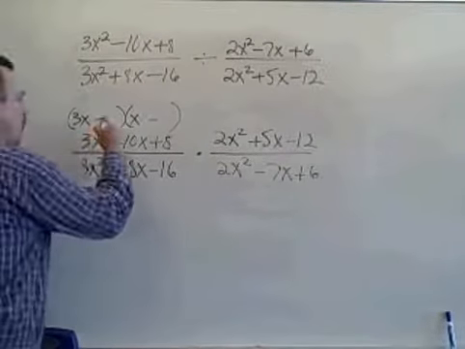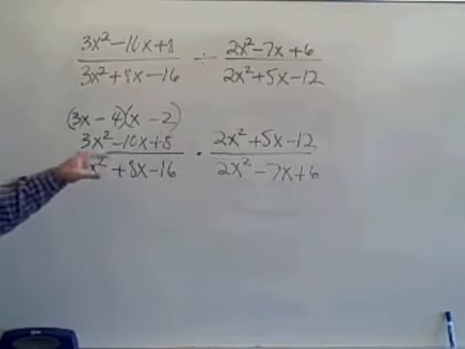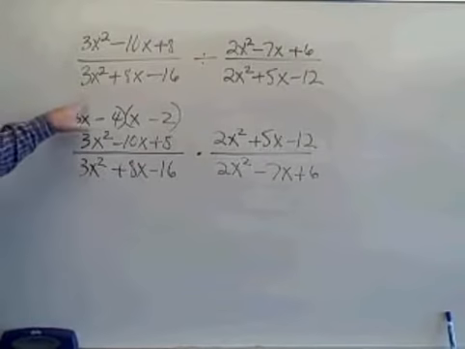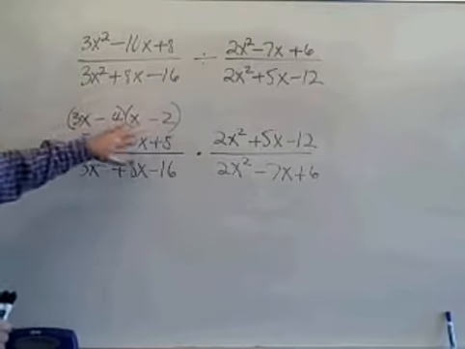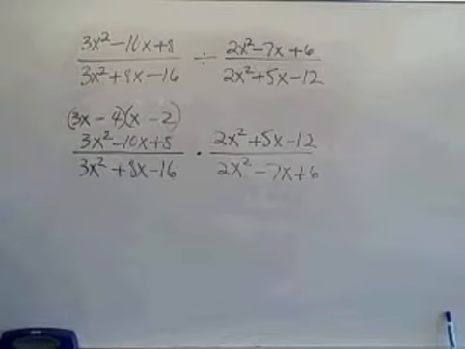How about putting the 4 here and the 2 there? 4 times 2 would be 8, so that would give me the plus 8. And the O of FOIL would give me minus 6x. The I of FOIL would give me minus 4x, and those two combine to minus 10x. So we've gotten started. We've got one factorization there that works for that trinomial.